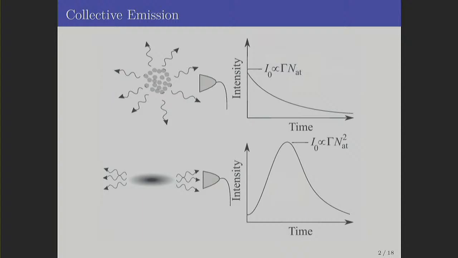But under certain circumstances, if these atoms are strongly interacting, the intensity of the emission is proportional to N squared of the atoms. And in other circumstances, the emission can vanish totally. This is known as superradiance and subradiance, respectively. Okay?